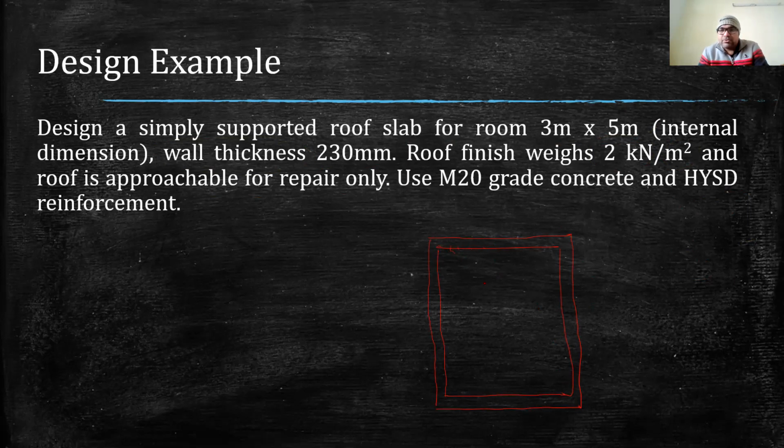Okay, so this is 3 by 5 meter, this is 3 meter, and this is the 5 meter, and the thickness of wall is 230 mm. So that is actually the support width. So that is the sketch. With this we have an idea what we are going to design.